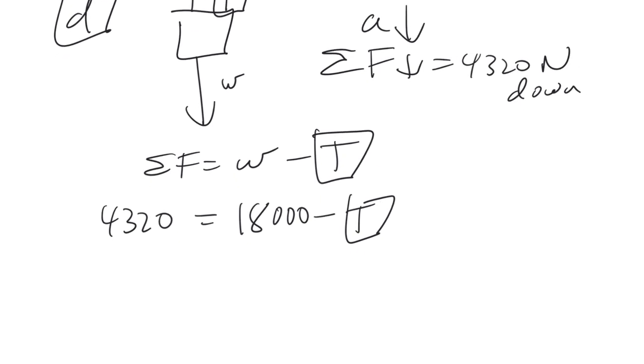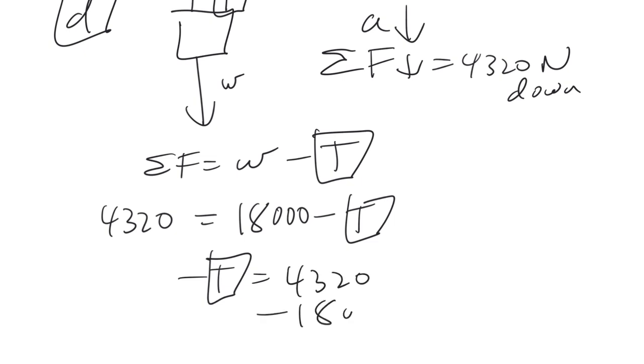And so, negative T, let's get the 18,000 on the other side, is equal to 4320 minus 18,000. Right?